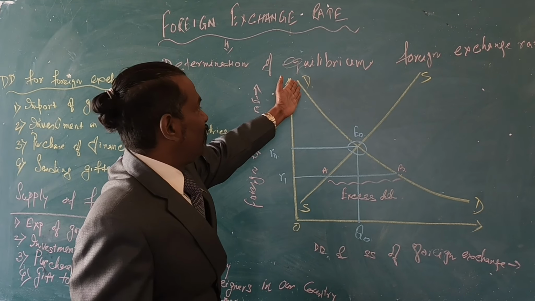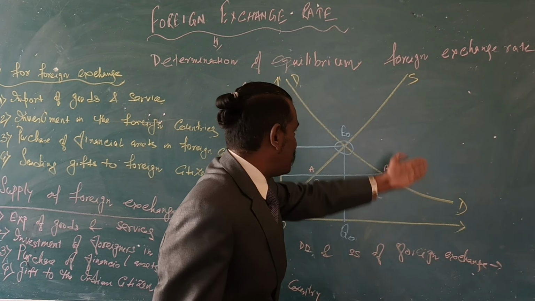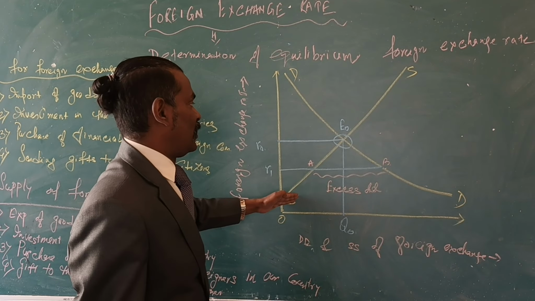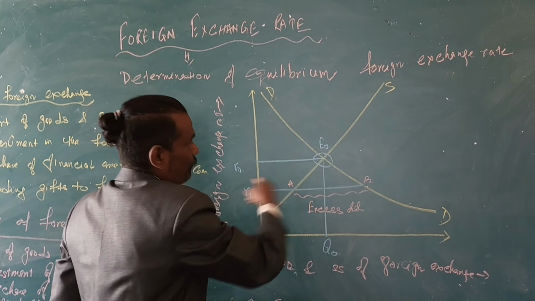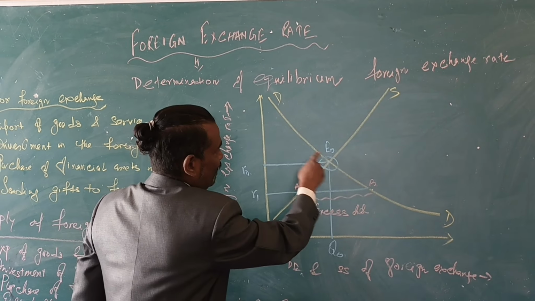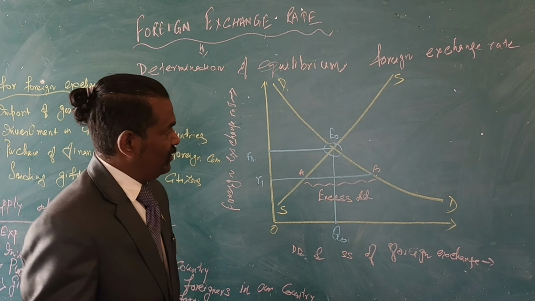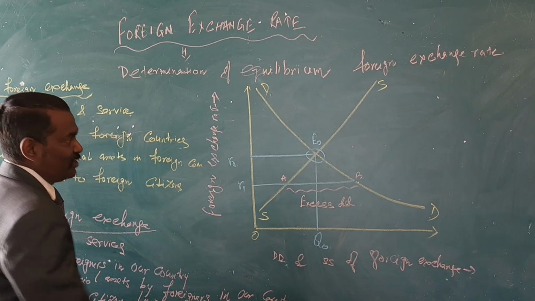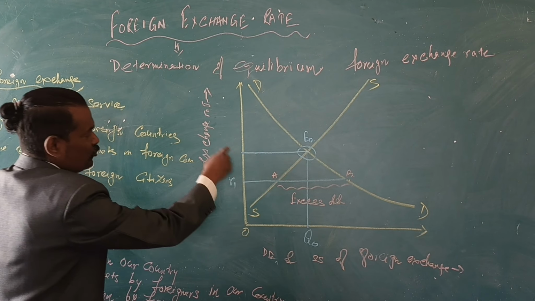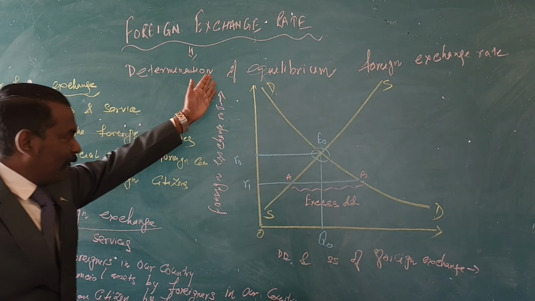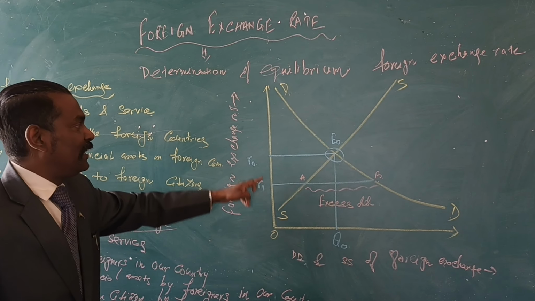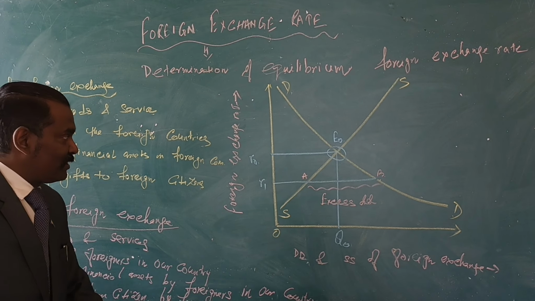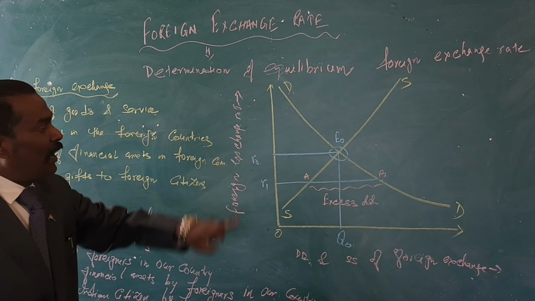Look at this diagram. DD is the demand for foreign exchange. SS is the supply of foreign exchange. These two curves intersect at the point E0. So what will be the equilibrium foreign exchange rate? From E0, if we draw a line to the vertical axis, we will get the equilibrium foreign exchange rate, that is OR0.